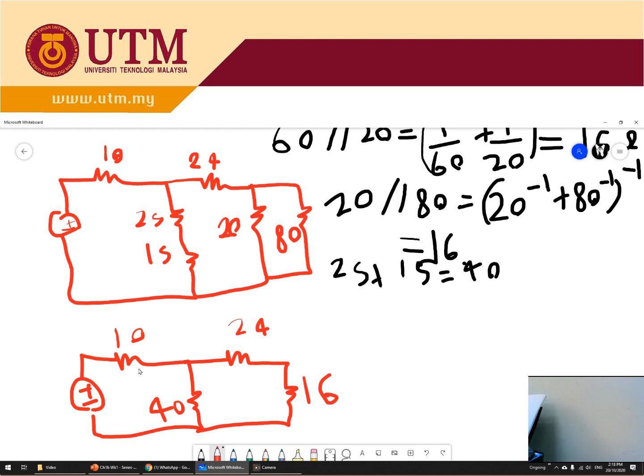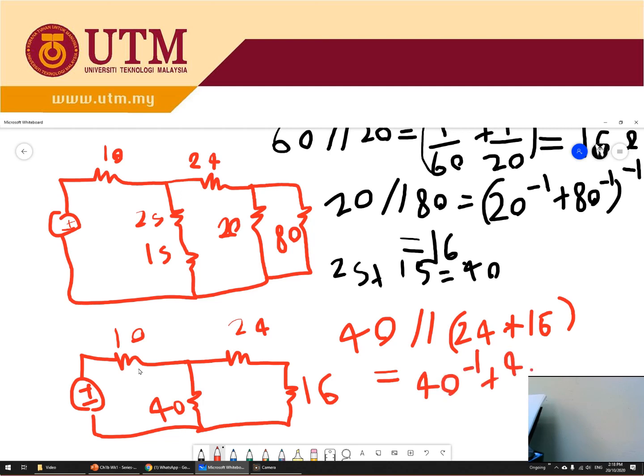So this one is now in series, and this one is in parallel to the two of these. So if you can see here, 40 parallel with 24 plus 16. So 24 plus 16 is 40. So 40 parallel 40, you get 20.